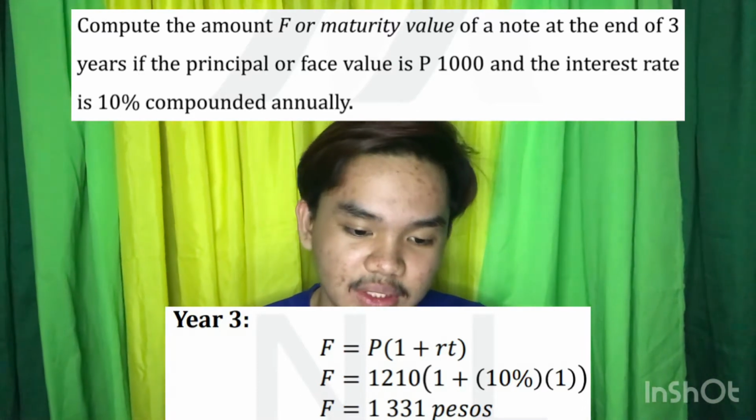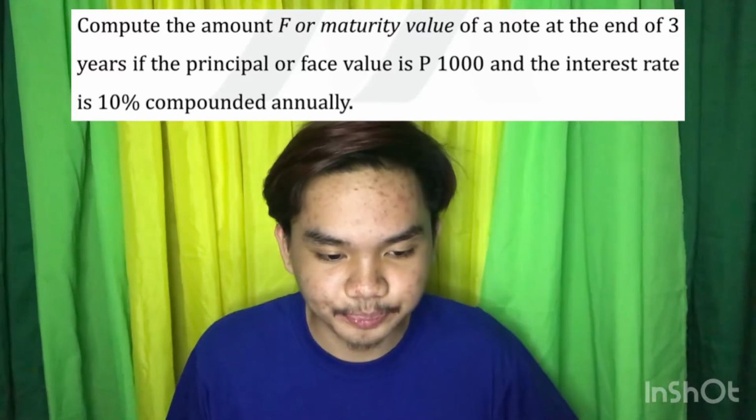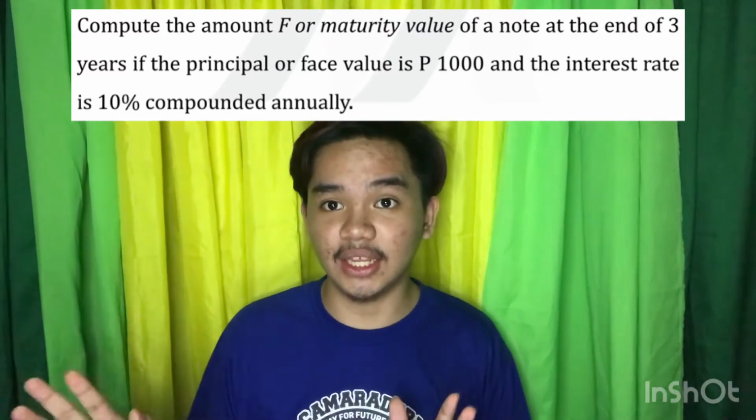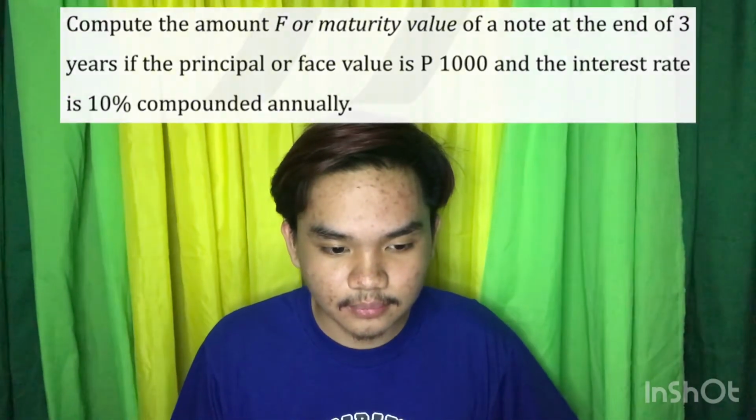So magiging 1,331 pesos na siya. Ito yung parang magiging tubo niya yearly kapag tumagal yung isang utang. Dahil nga sabi natin na compounded annually, nadadagdagan siya ng 10% annually.